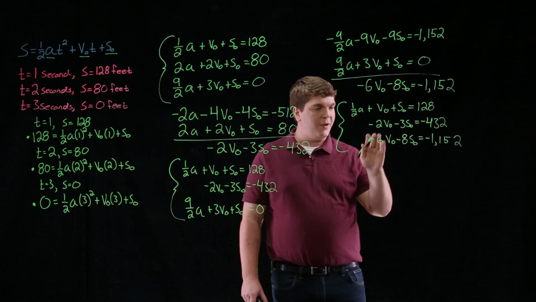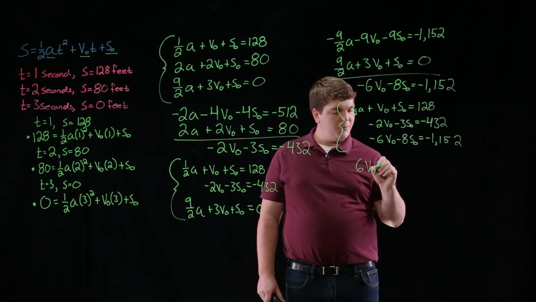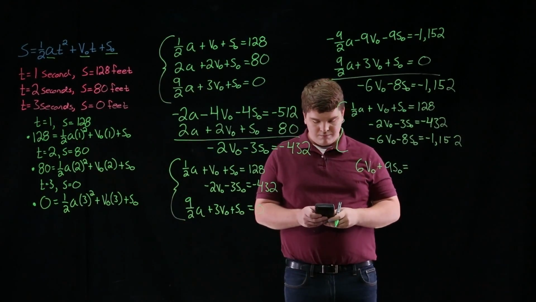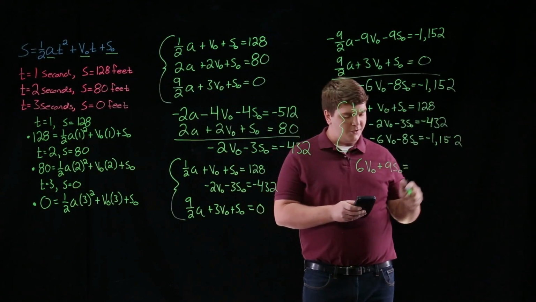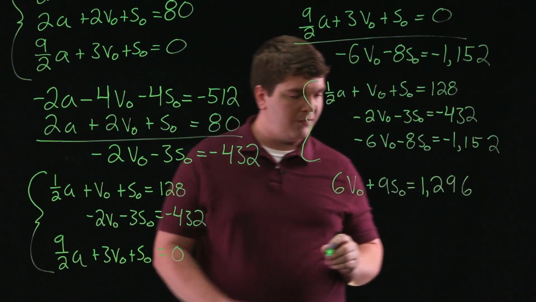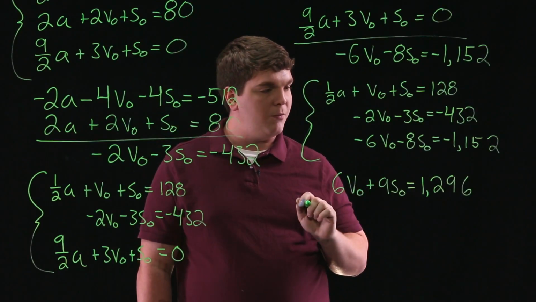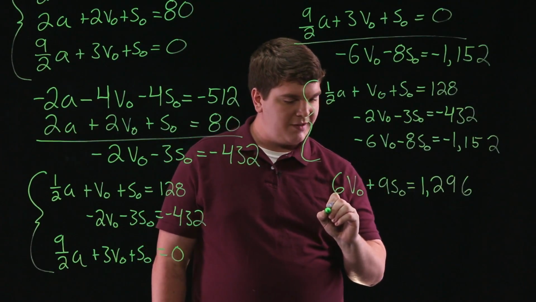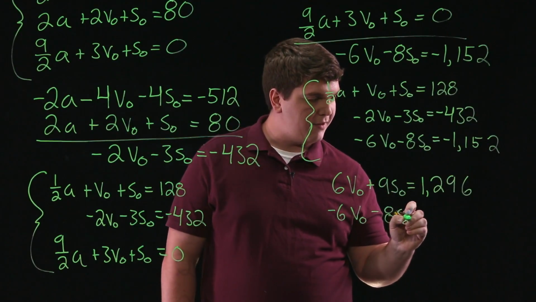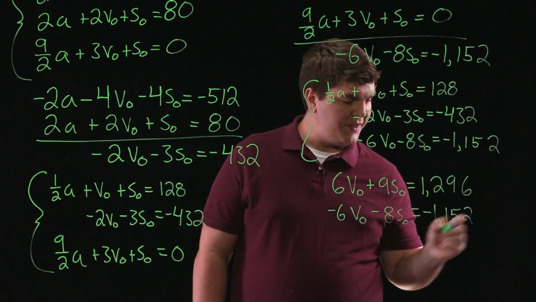So multiplying our second row by -3, we have 6 V naught plus 9 S naught is equal to 1,296, and our second row will stay the same. Our third row will stay the same as -6 V naught minus 8 S naught is equal to -1,152.